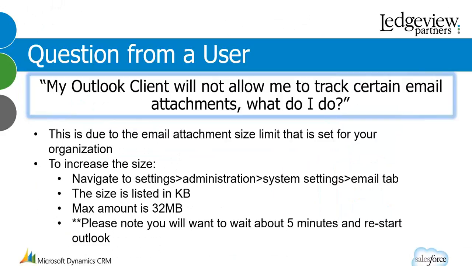To increase the size, simply go to Settings, Administration, System Settings, and then the Email tab within System Settings. There'll be a section that says Set Size for email attachments. This size is listed in kilobytes, so make sure that you're doing the conversion. Please note you'll want to wait about 5 minutes, then restart Outlook. Once Outlook is restarted, go back in and track that email.